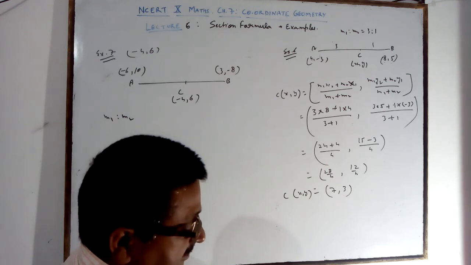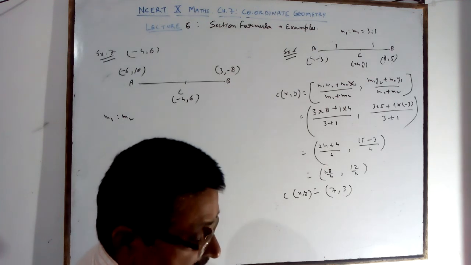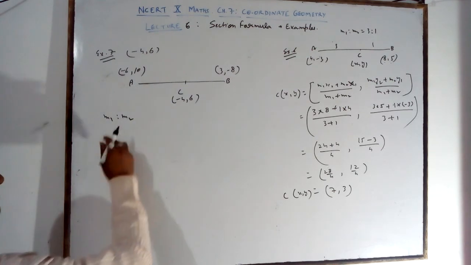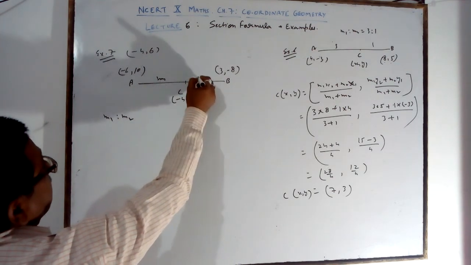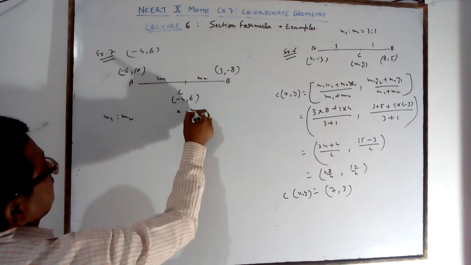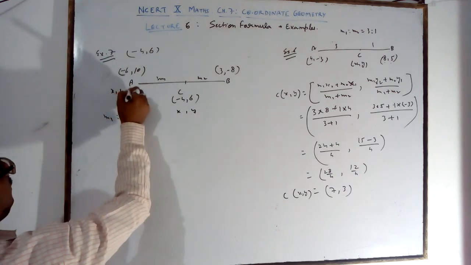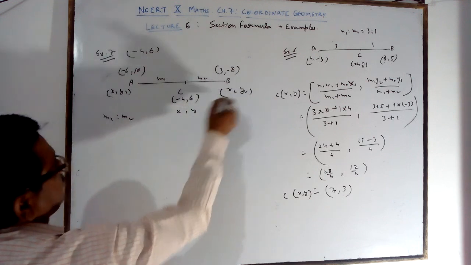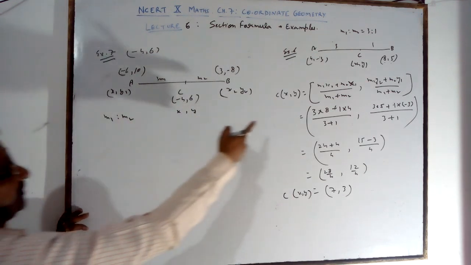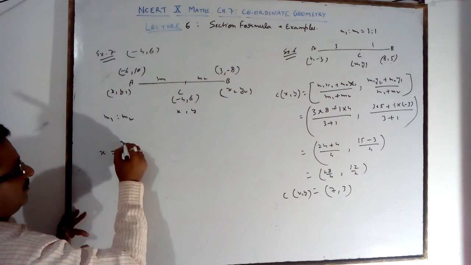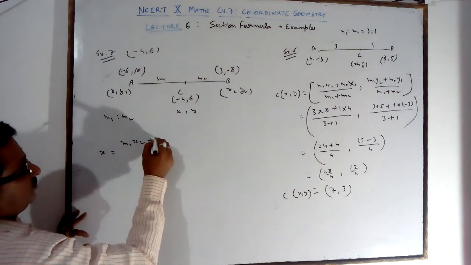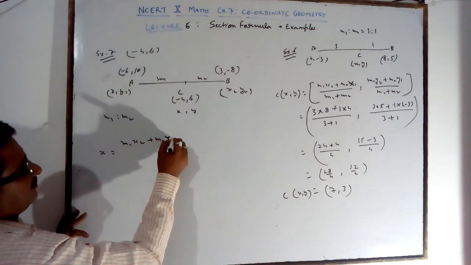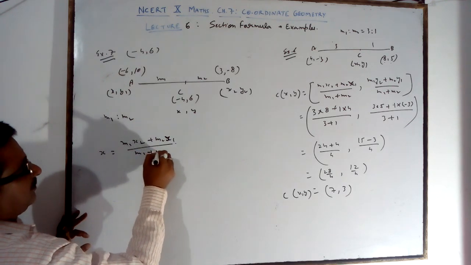You can get this by the formula. M1 and M2 are not given, but x, y is given. Here A is x1, y1 and B is x2, y2. So x is equal to m1 x2 plus m2 x1 upon m1 plus m2.